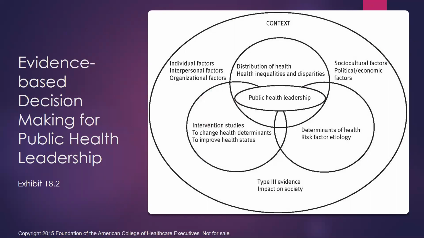So leadership is really at the nexus of all 3 of those, and in this case it involves public health decision-making and managerial decision-making to come up with a plan and programs that address all of those characteristics and features of our population in order to make the best decisions.